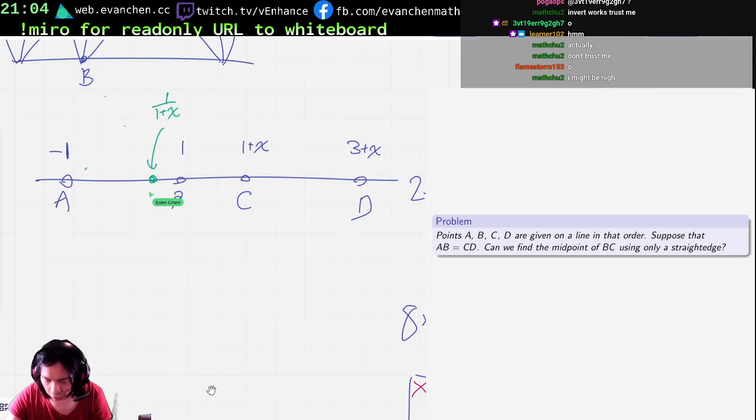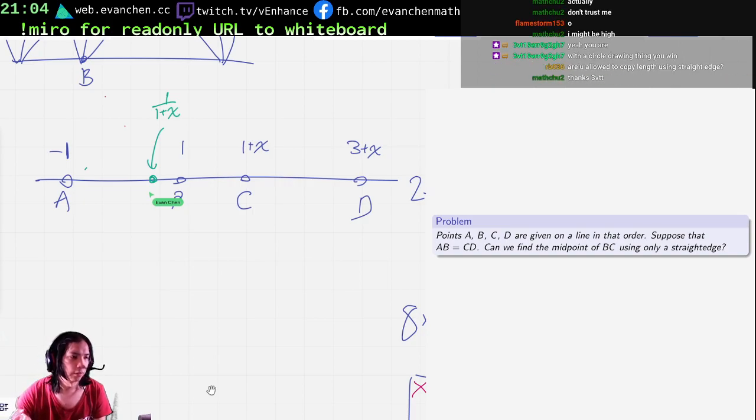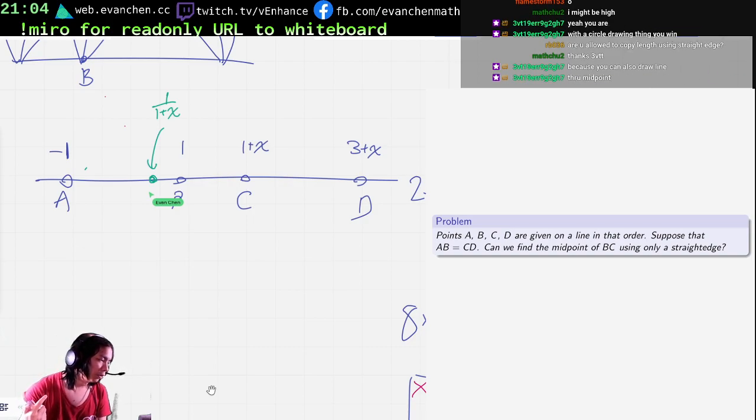I think that's actually the only thing you can do, because any projective transformation will preserve the cross ratio. So if you have a construction that's a function of 3 points, the 4th point is uniquely determined. You can't copy length using this.